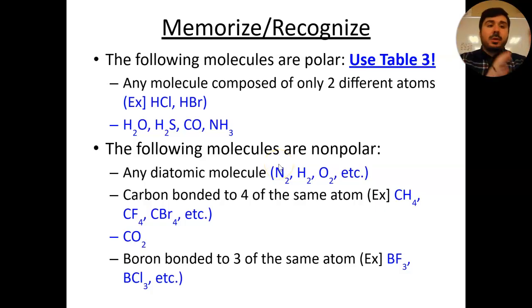In the column to the right, you've got X2, where any compound has two of the same atom, CX4, BX3, or any of the other examples at the bottom. These are all examples of polar and nonpolar molecules. As long as you can match your molecule with anything on this identification table, you are going to be in great shape.